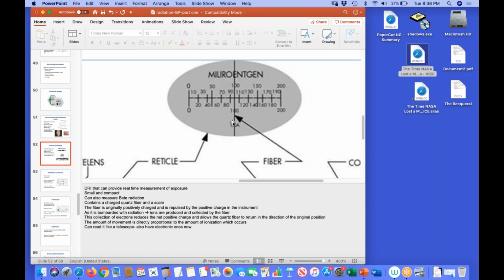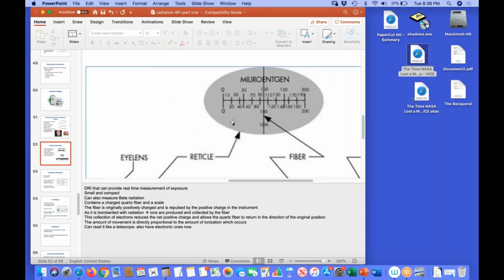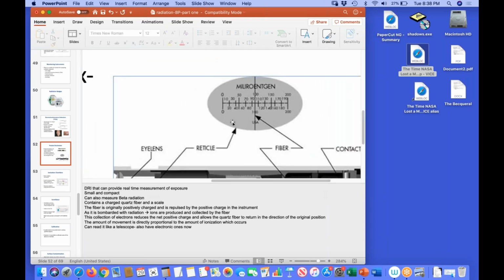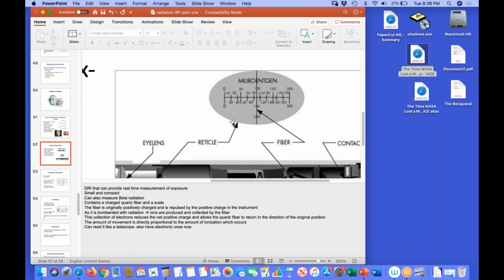Okay. And what happens is that as this crystalline material, which is misshapen now, is exposed to radiation, electrons are knocked off of this material, and it returns to its original shape.